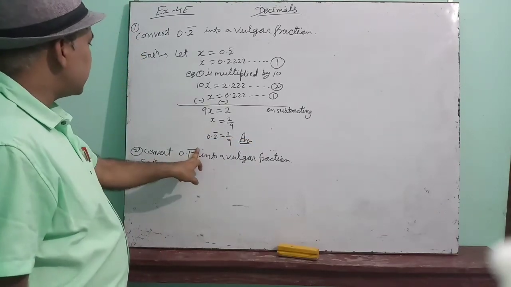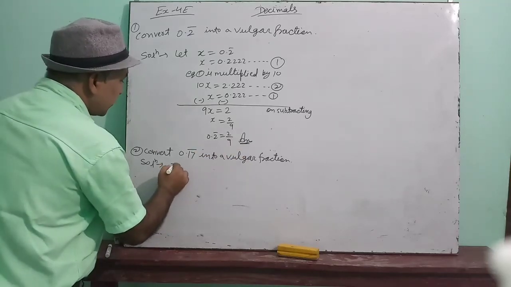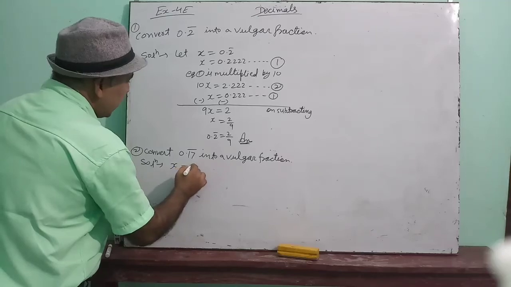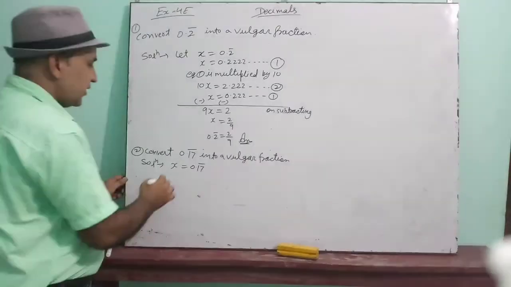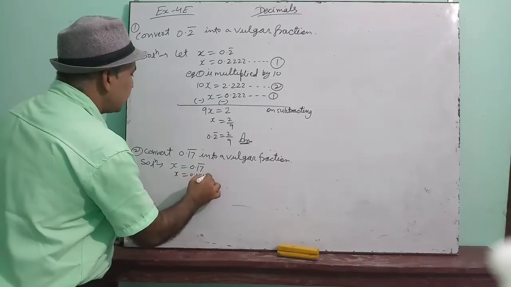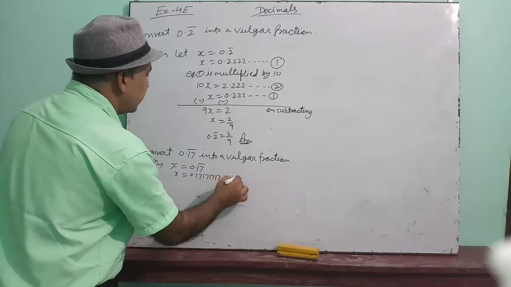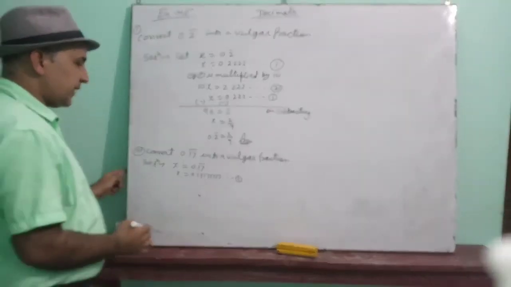Convert 0.17 bar into a vulgar fraction. How to do? Process is same. Suppose x is equal to 0.17 bar. Now remove the bar. If we remove the bar, 17 will be repeated. Because the bar is over 2 digits, so 2 digits will be repeated.